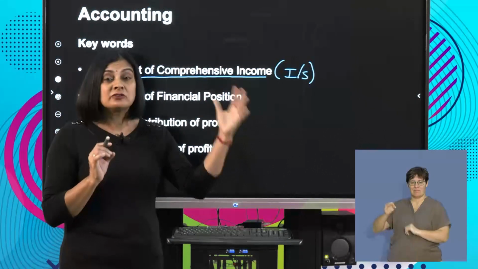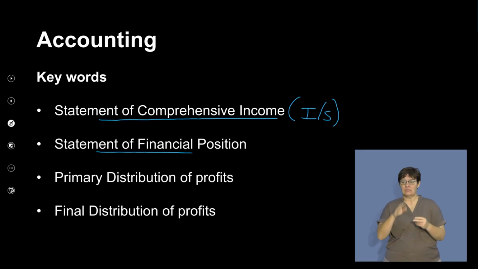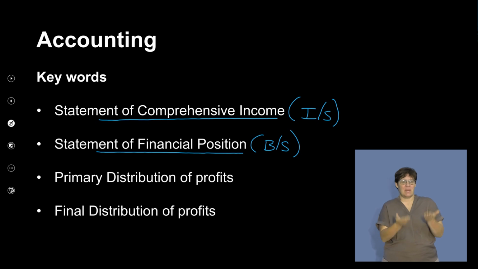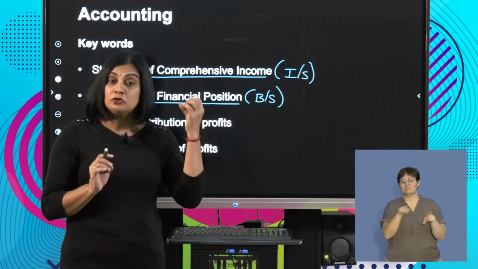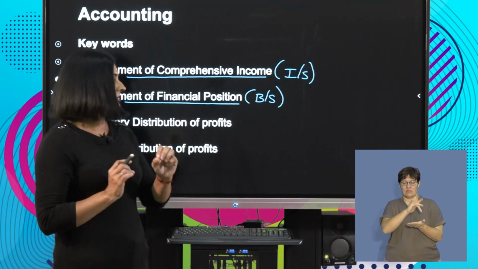Income statement is the old terminology. Similarly, statement of financial position. Previously, we referred to this as the balance sheet, but the name has now changed and we need to get used to the new terminology, statement of financial position.